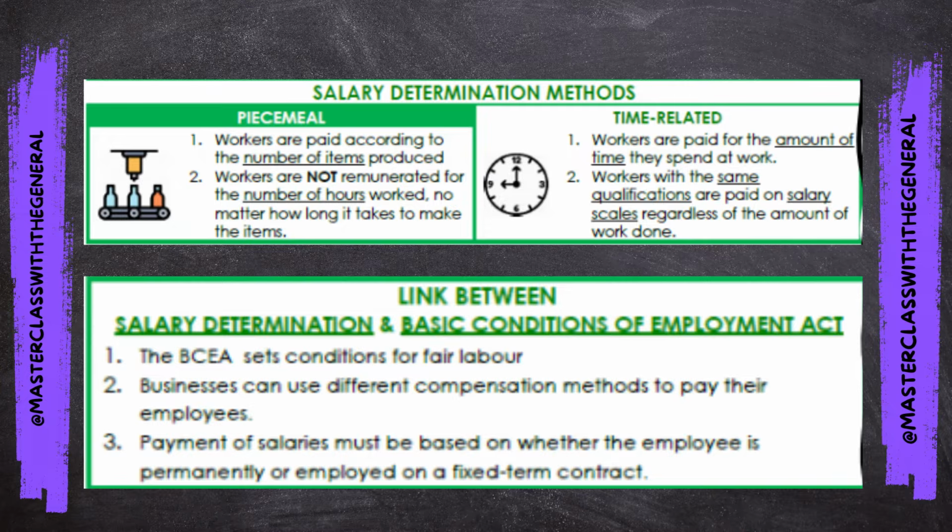Number 2, workers are not remunerated for the number of hours worked, no matter how long it takes to make the items. So let's say you are making a chair and it has taken you 2 hours to make this chair. It will not matter that it took you 2 hours to make the chair. You will be paid at the rate that is paid for a chair.